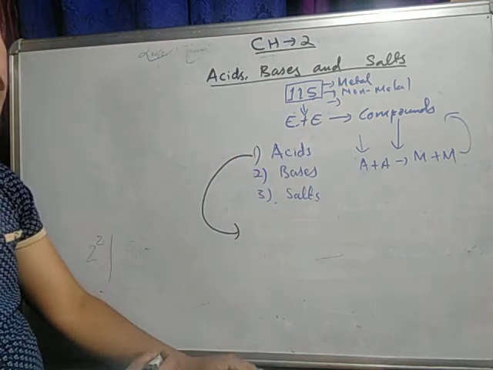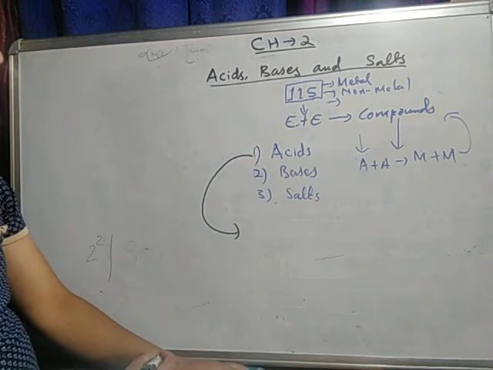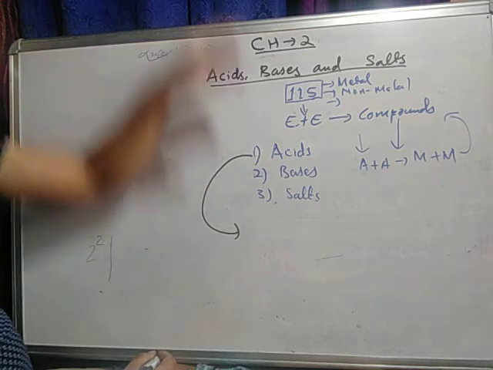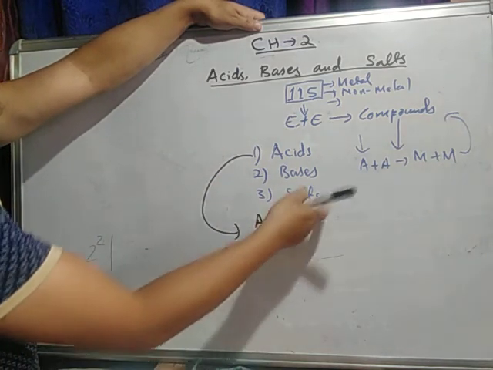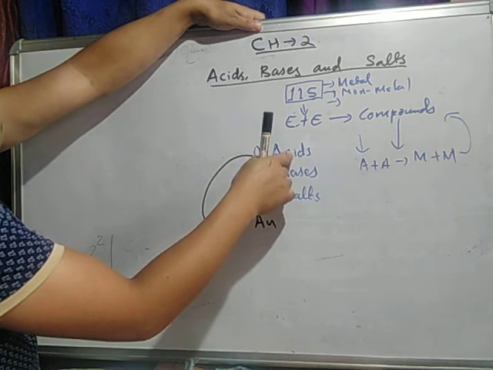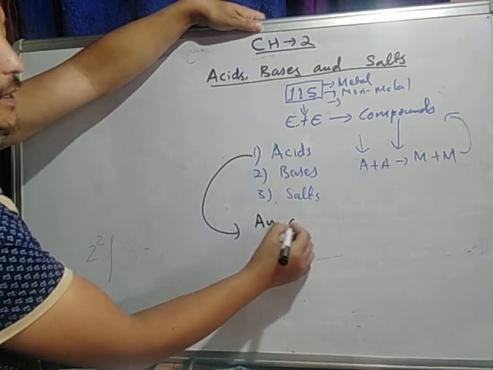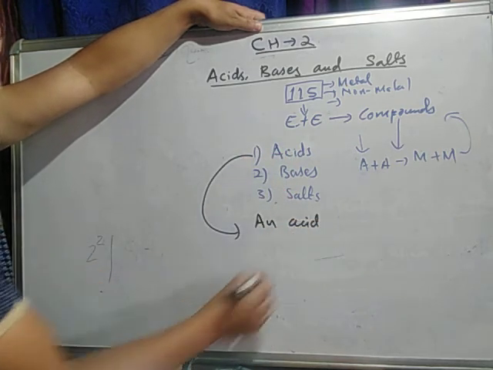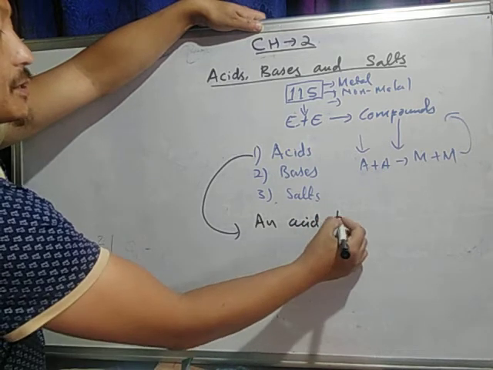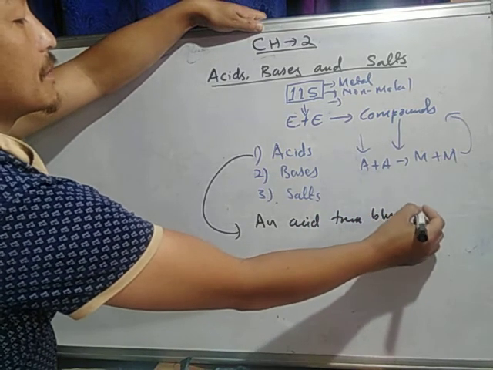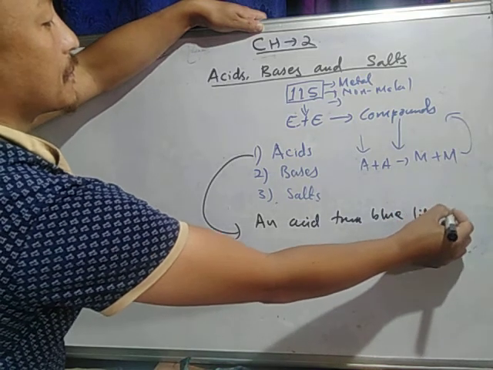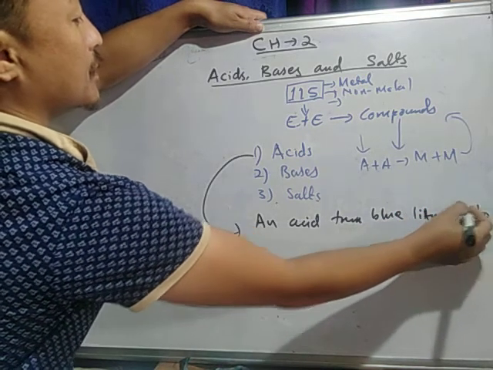Okay, which compound is that? Whenever you put litmus paper in acid, it turns blue litmus into red.